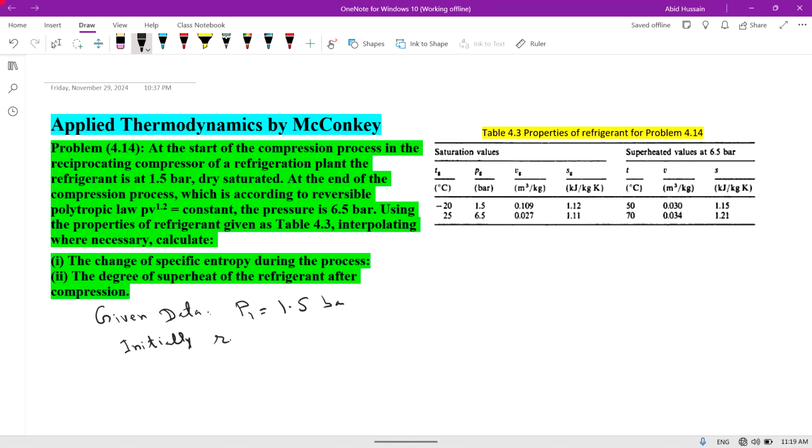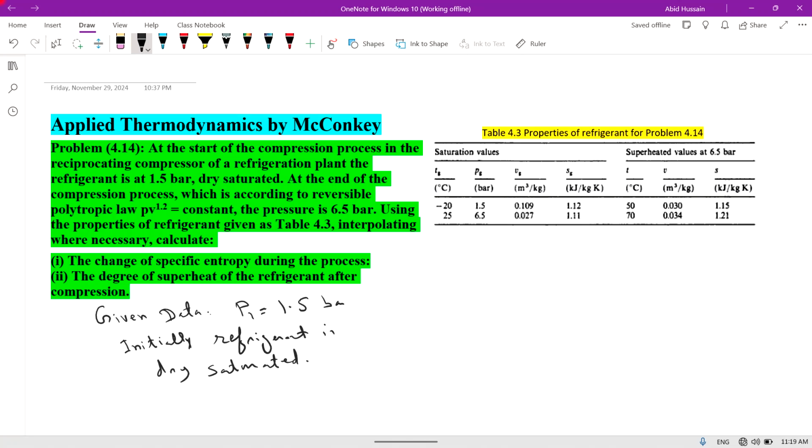Initially the refrigerant is dry saturated. So at the end of the compression process, which is according to a reversible polytropic law, PV^1.2 is equal to constant.